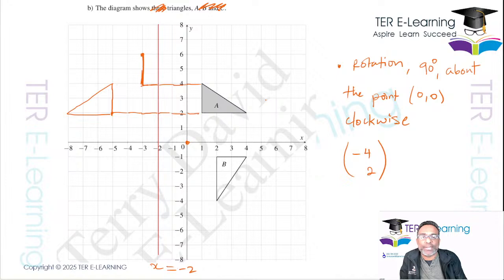The base of the triangle is 3 units, so it's going to be here. And then we're just going to complete this here. Now I'm drawing this freehand here. Please use a ruler in the exam. So that's your translated triangle using this vector. The -4 means you're going to move 4 units to the left, and then you're going to move 2 units upwards. That's what those numbers mean. So that is number 3. Let's move on.